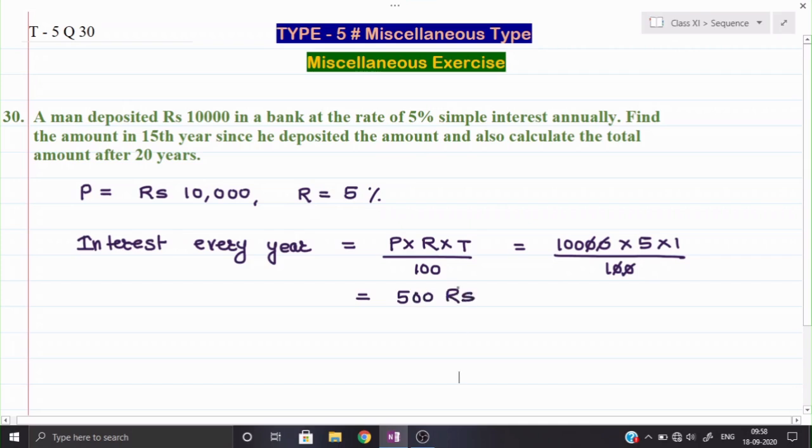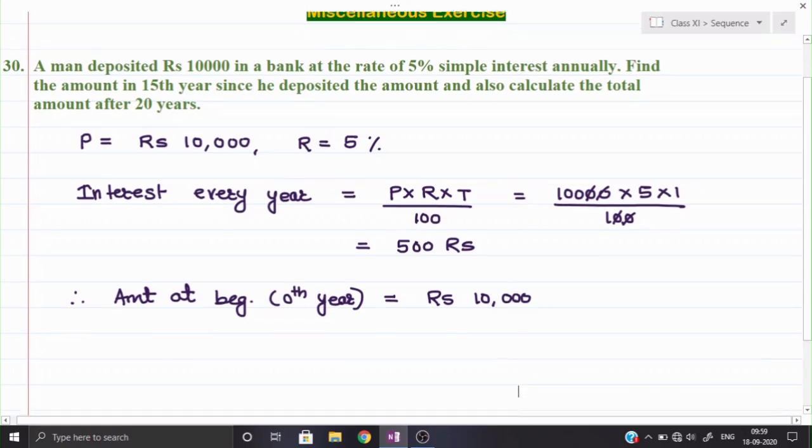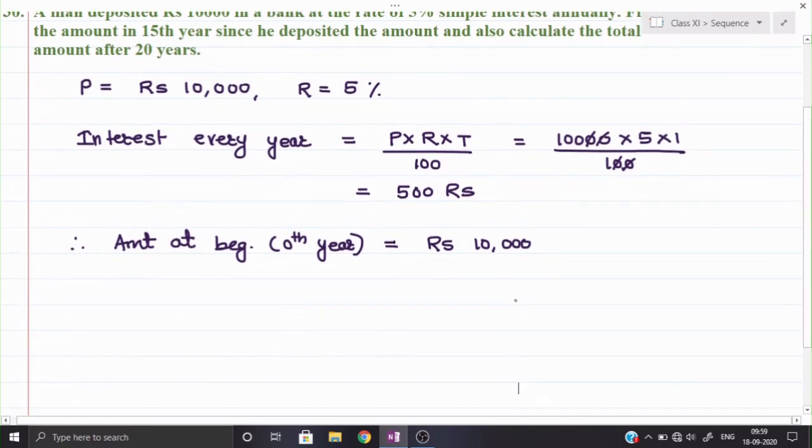So now see, what will be the amount after 1 year? Therefore amount at beginning, means at 0th year. 0th year means first year is not completed. That is, we can say rupees 10,000. Means in the beginning the amount will be 10,000 rupees. Until and unless the 1 year gets over, you will not get the interest.